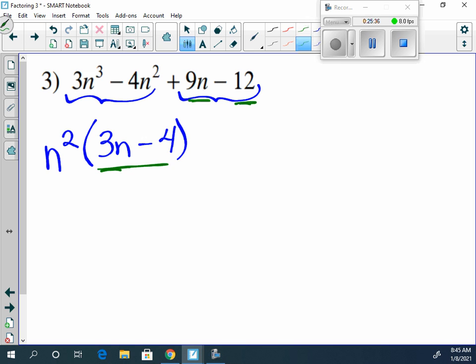What do I need to factor out of 12 to get to 4? 3. Yes? Are the signs lining up? Are 9n and 3n both positive? Do negative 12 and negative 4 have the same sign? Yes? Okay. So that means we're just going to factor out plus 3.